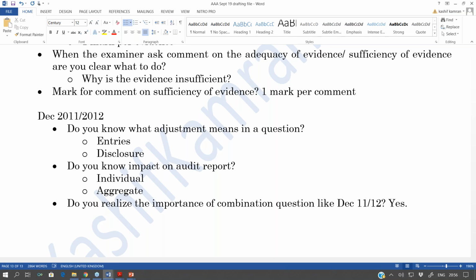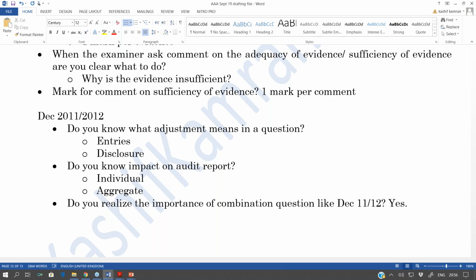Yes, Bilal, in terms of matters you communicate to management and those charged with governance, during the course of the audit, you come across many issues like accounting issues, something like a change in accounting policies, or an accounting disagreement, or the management is not providing evidence to the auditor. Any issues, whether they pertain to ethical issues for the auditor, or accounting issues pertaining to the management, you need to discuss them with those charged with governance and the management.